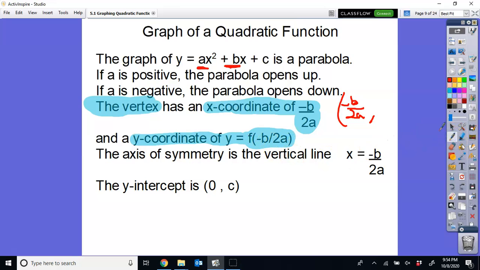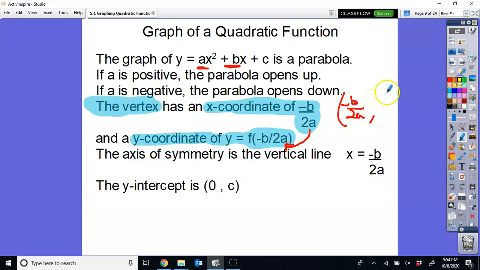I know that looks ugly, guys, but what it really means is if I plug this into the function for x, I can get my y value. The axis of symmetry is also going to be straight down through the middle of that point, negative b over 2a.